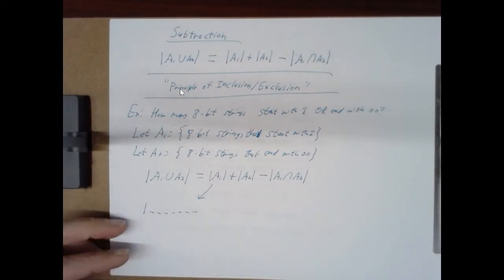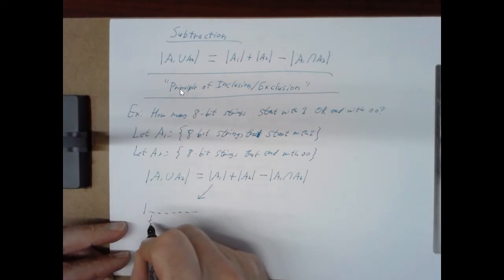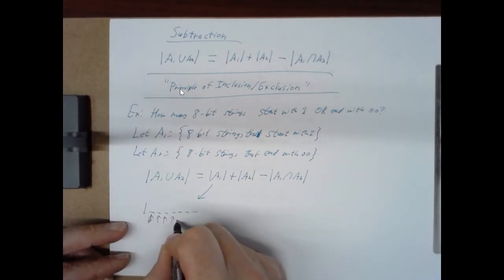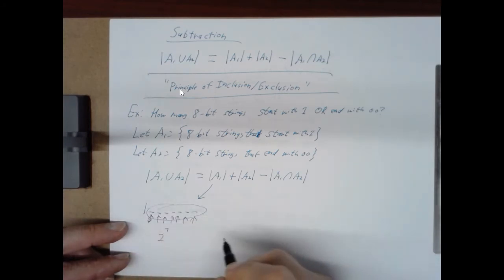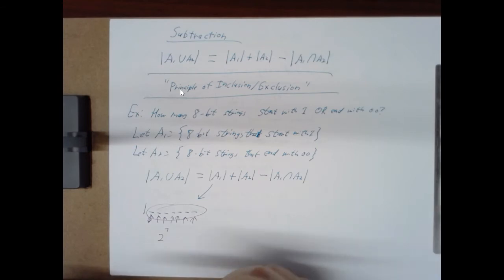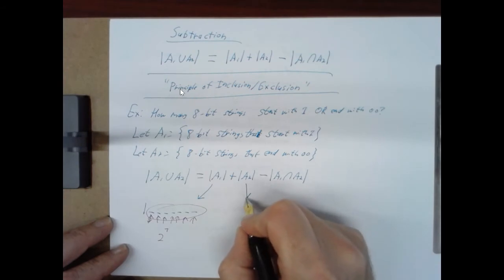So if we broke this into subtasks, there's 2 ways to fill this bit in, 2 ways to fill this, and those as well. And so there's a total of 2 to the 7th ways to fill in those 7 spots. And as computer scientists, we also know that the number of 7-bit numbers is 2 to the 7th. The number of 4-bit numbers is 2 to the 4th. The number of n-bit numbers is 2 to the nth. Agreed? So that's the product rule sneaking in there, but it's also the way things are.